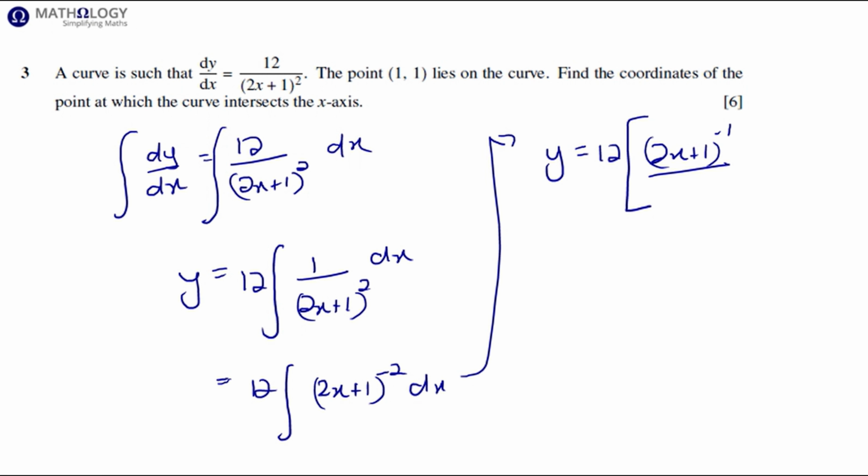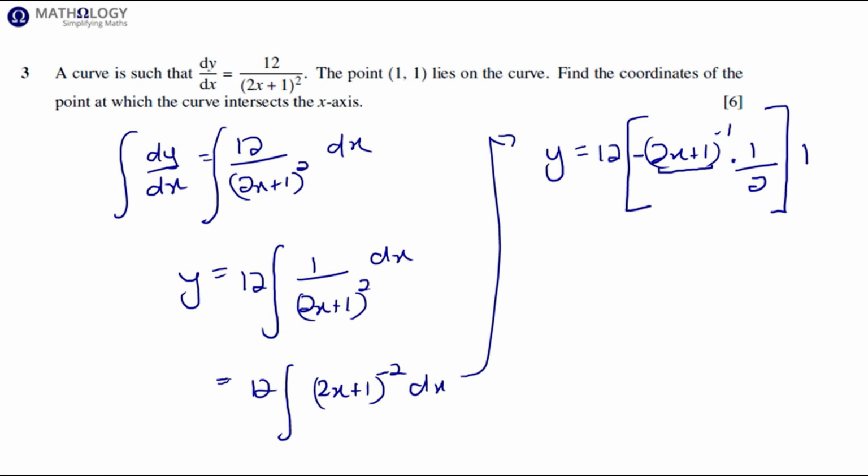We then divide by minus 1, so we just put the minus in front, just so it's neater. And we also multiply by 1 over the derivative of 2x plus 1, which is 2.